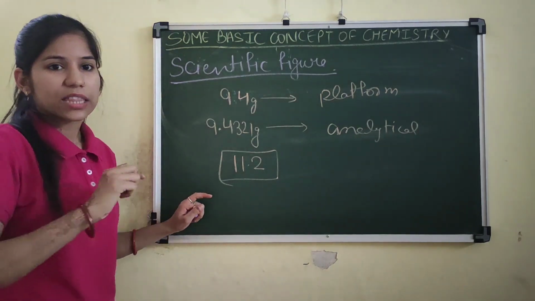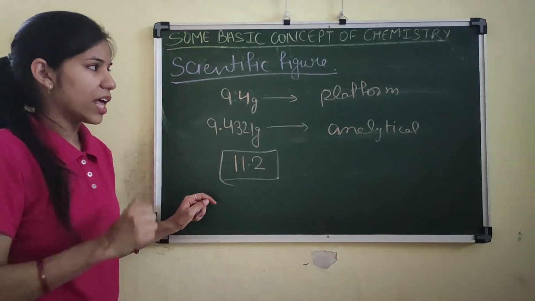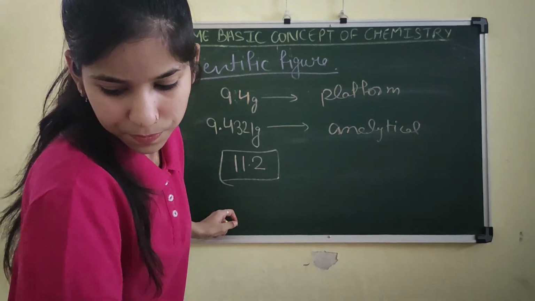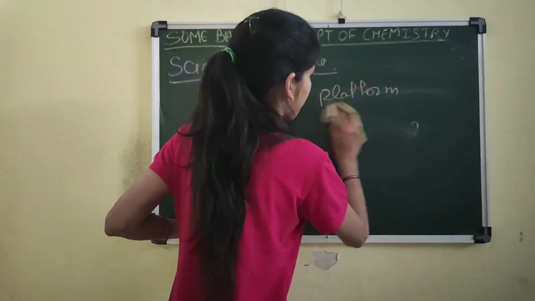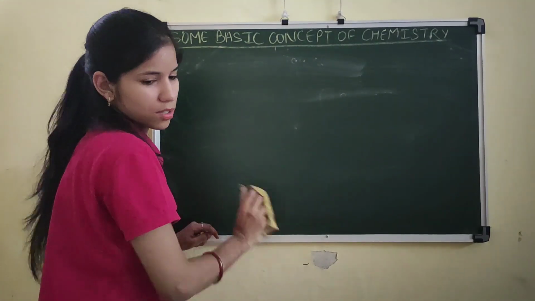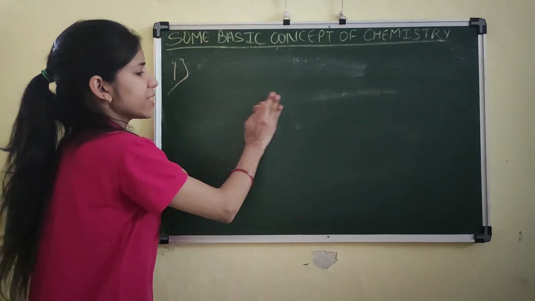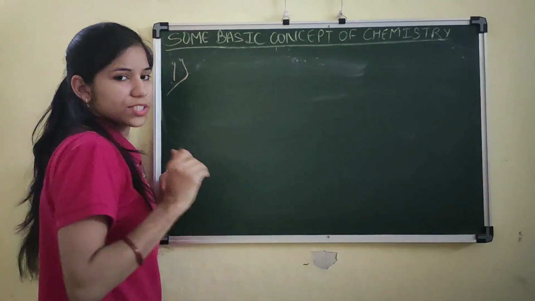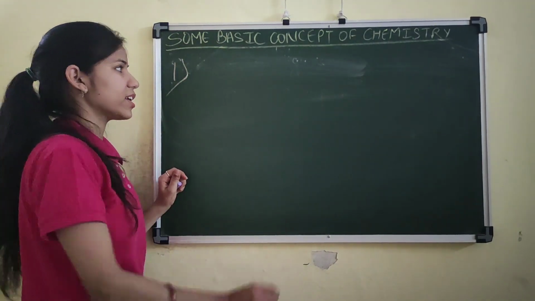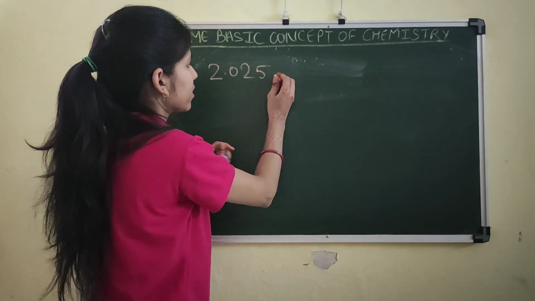And there are some rules applied for significant figures. The first rule is that non-zero numbers are significant figures, like 2.025.